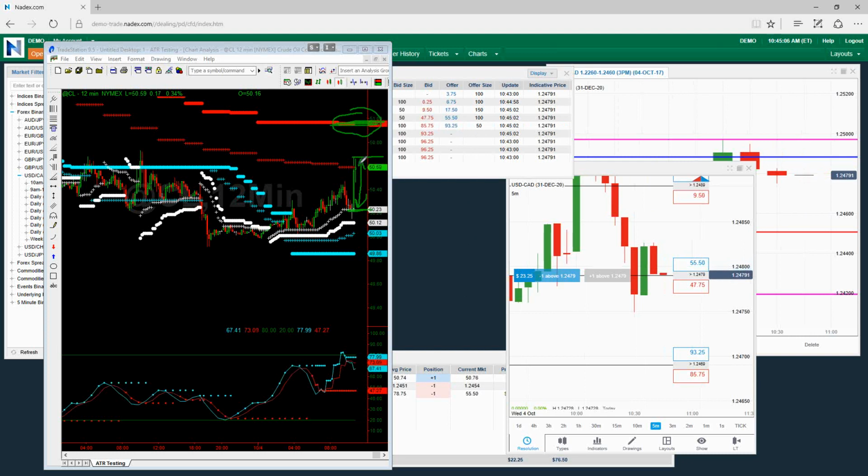Now, why would I do that? Because I know that typically it would have to move above this area to give me my profit target, okay? Because I have a profit target on binaries. So I need to give it room in case it doesn't move at all, or in case I don't get the expected move.